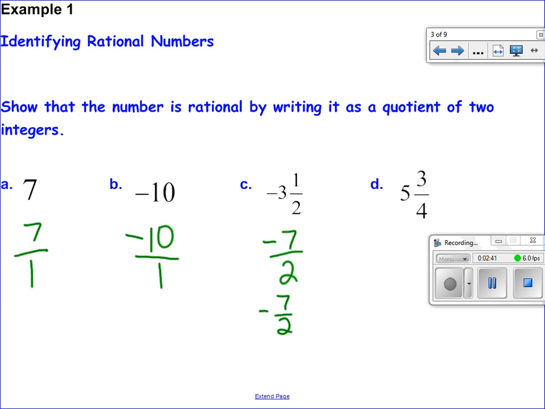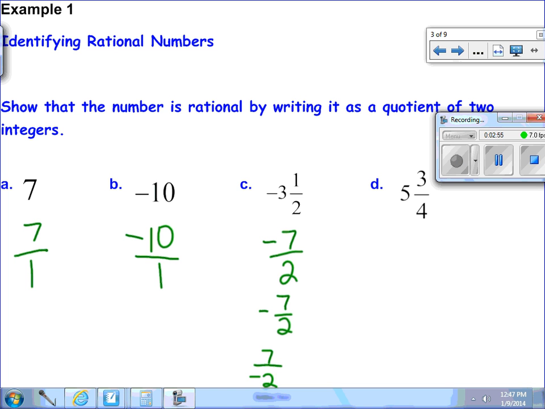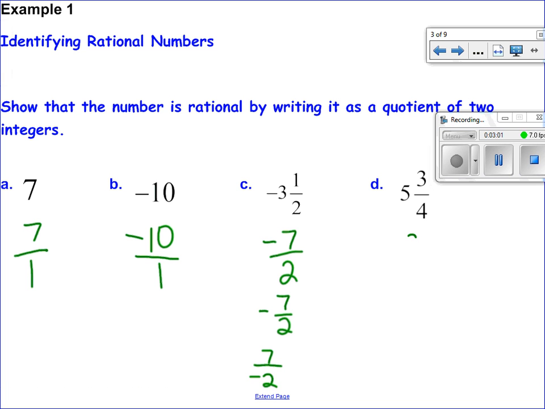The whole thing would be shown as negative. You can do -7 over 2 or 7 over -2. You can assign the negative sign to either one. So in D, 5 3/4, we would put that in a rational form, 23 over 4.